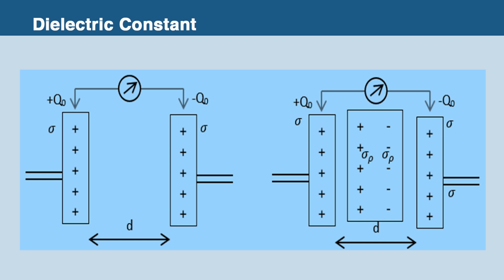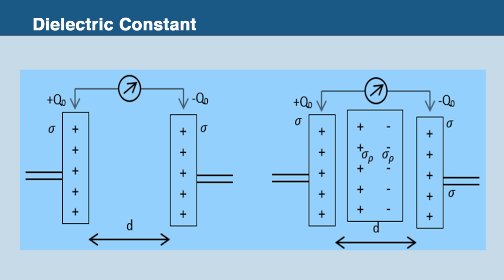Left side, when there is no dielectric material, the electric field between the plates is strong, and this is shown by many red arrows going straight up from the positive plate to the negative plate. The positive and negative charges are far apart, indicating a strong electric field.